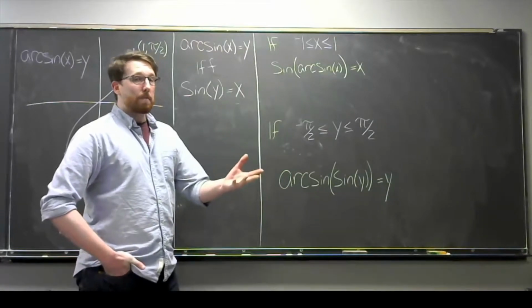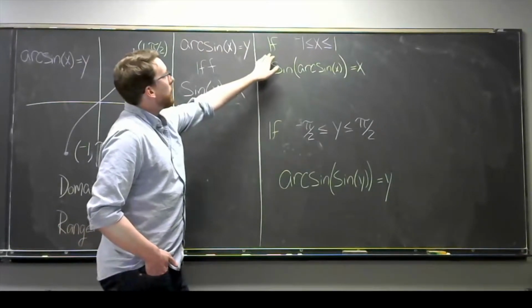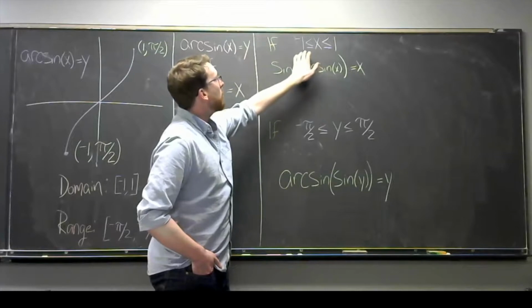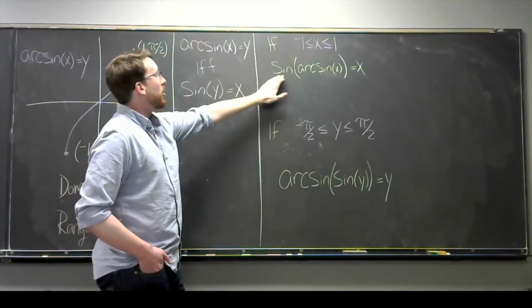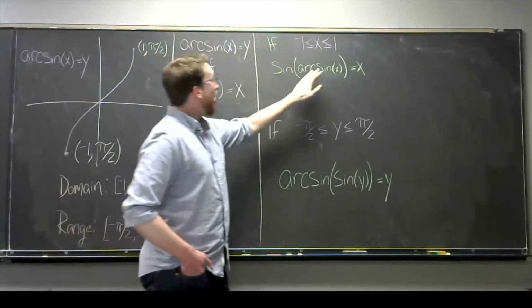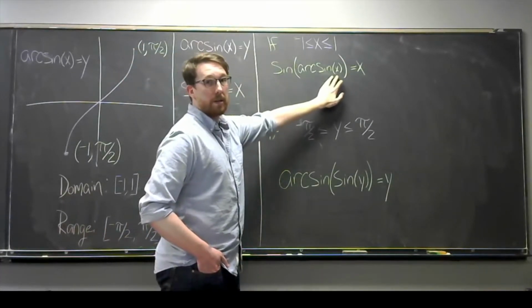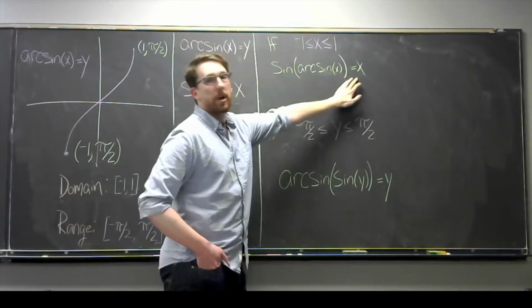And then finally, if x is between -1 and 1, then the sine of arc sine of x is equal to x.